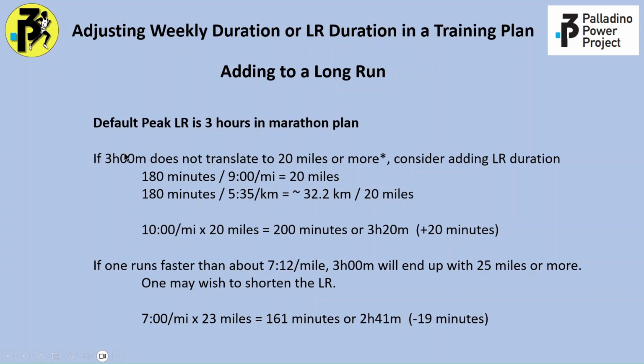All right. So the way that breaks down is, if you run 9 minutes per mile on average in your long runs, in 3 hours, that's going to end up with 20 miles for that 3-hour long run at the peak long run week. Same thing, 5:35 per kilometer ends up about the same amount of distance covered in that 3 hours. So now here's the example.